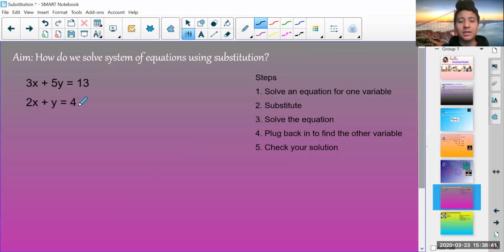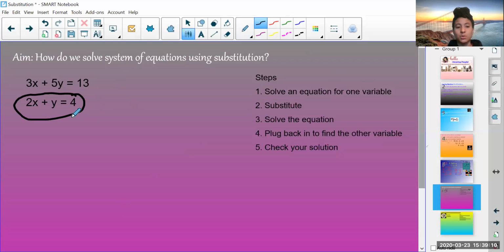So what happens in this case? All right, same steps though. If you notice, the steps are going to be the same. We want to solve the equation for one variable. So if I wanted to solve one of these equations for one variable, which one would be easier to solve for a variable? In this case, it would be the second one, because if you guys notice, one of those letters is already by itself.